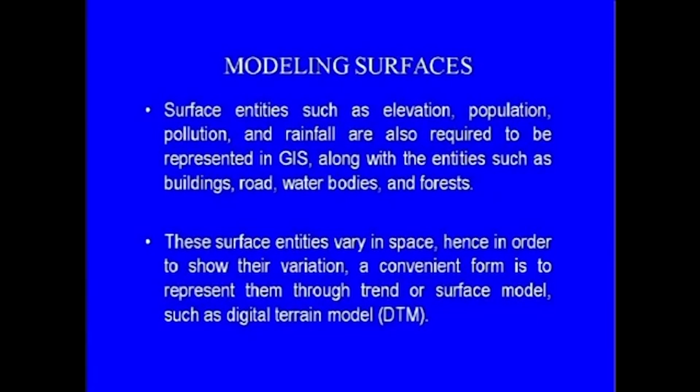Surface entities such as elevation, population, pollution, rainfall are also required to be represented in GIS along with the entities such as buildings, roads, water bodies and forests. These surfaces vary in space, hence in order to show their variation, a convenient form is to represent them through trend or surface models such as digital terrain model.